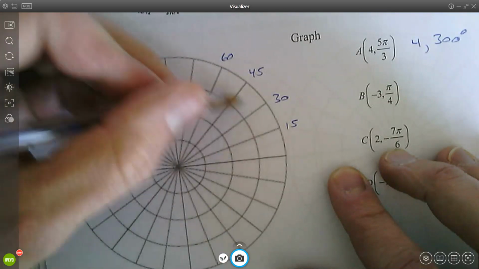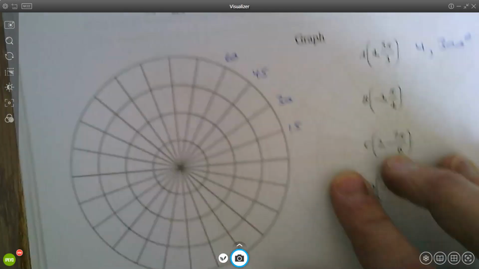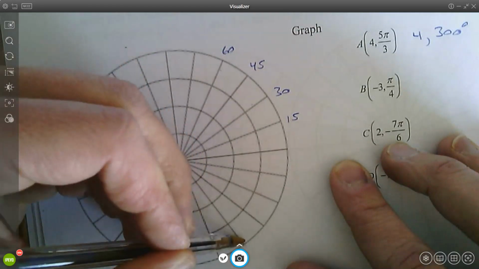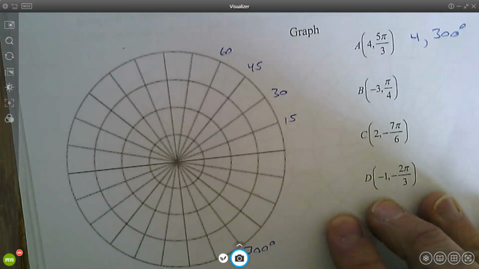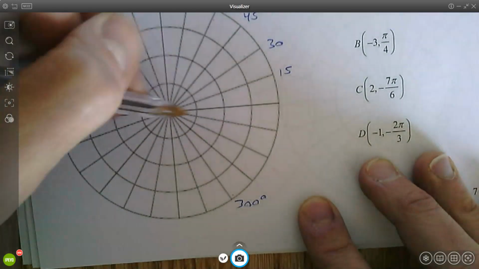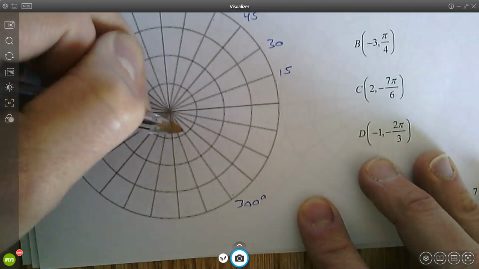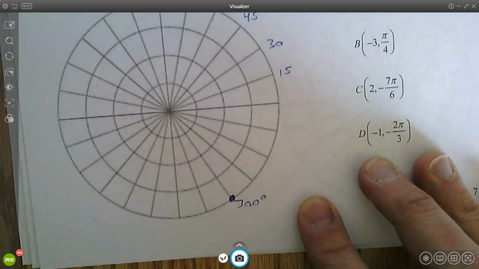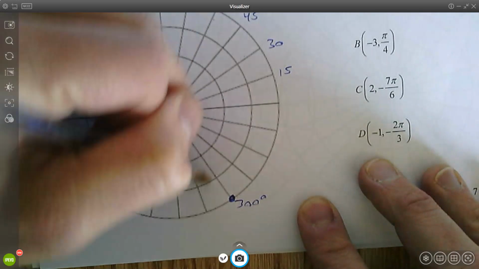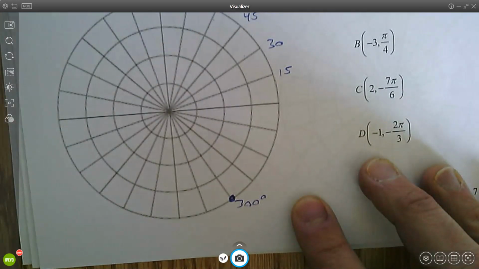So it's up 1, 2, 3, 4 lines. It's going to be down 1, 2, 3, 4 lines. So this is going to be 300. And 4 is the radius, so I'm going to be going towards this 1, 2, 3, 4, towards that terminal ray, that terminal side of that rotation. Okay, so that's how you would graph that point.